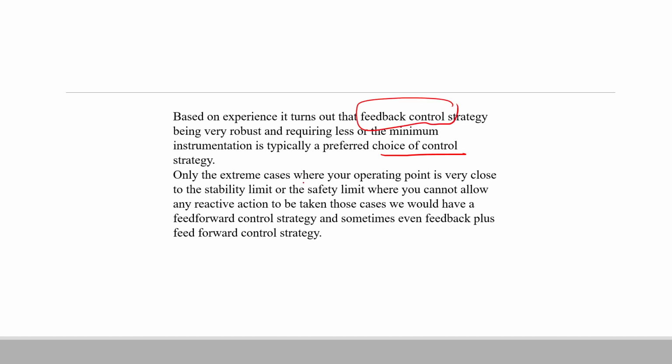However, for the extreme cases where the operating point is very close to the stability limit or the safety limit, where we cannot allow any reactive action to be taken, we can also use feedback plus feed forward control strategy. So most commonly in chemical control systems, we use the feedback control strategy.